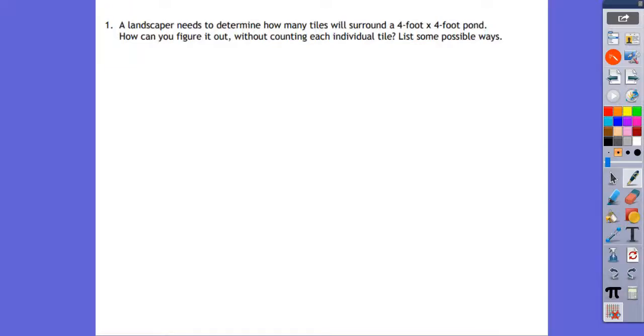So if I wanted to write an expression to mimic that, I have 6 plus 6 plus 4 plus 4. That's how I saw it at first. 6 plus 6, 4 plus 4. That was my top, my bottom, my 2 leftover sides.